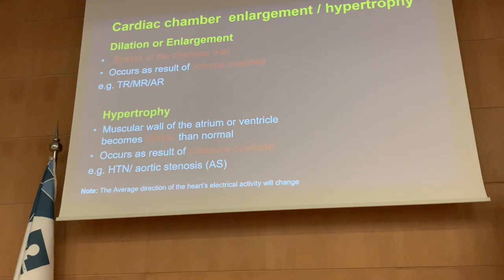In simple words, if the patient has left or right ventricular hypertrophy, that means for sure the wall itself is bigger than usual, but the cavity is smaller, or it can be normal. But if the patient has dilatation, that means the cavity itself got bigger, but the wall may be normal or even small, okay?